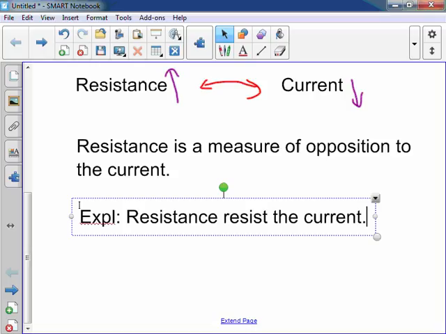Now, the second part of it is actually this word measure right here. And that is important because it doesn't just resist the current. It resists it in a particular way that is measurable. Now, not every single time you can measure something. Every once in a while, you can have quantities that are not measurable. But in resistance, it works like this.